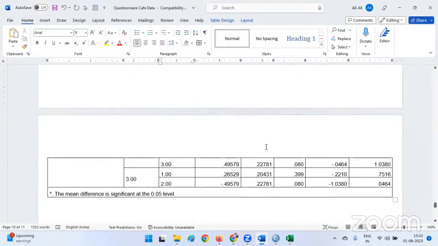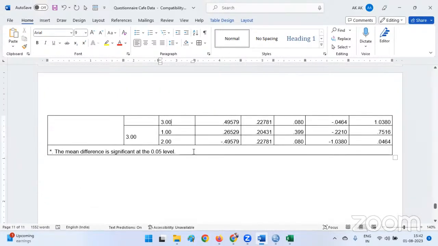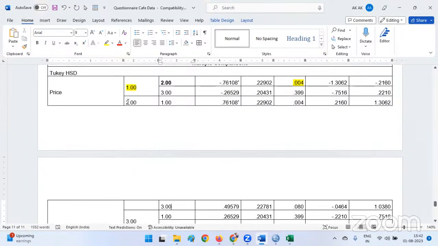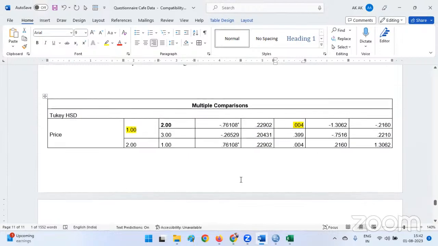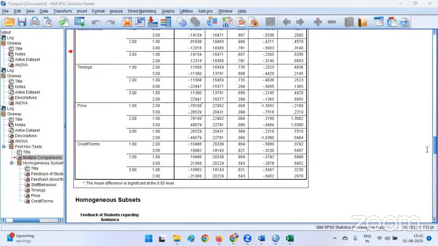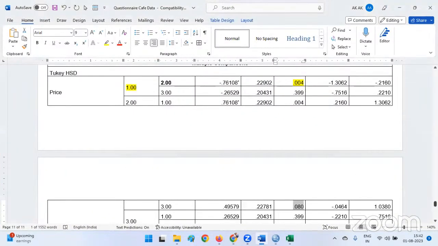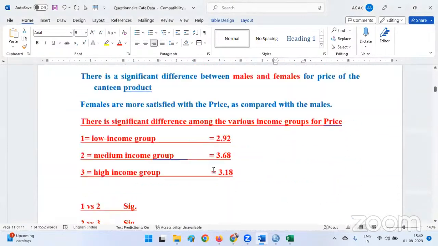There is no significant difference. 3 and 2, 2 and 3 in one box, 0.080. This should be below 0.05, so this is also not significant. So the only significant relationship is 1 and 2. Rest all are not significant.